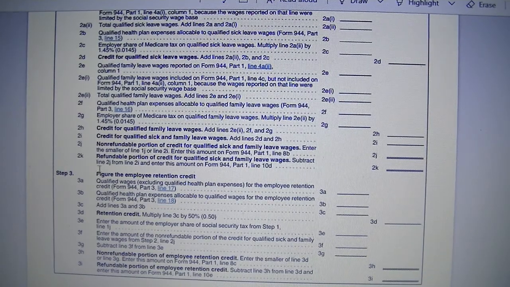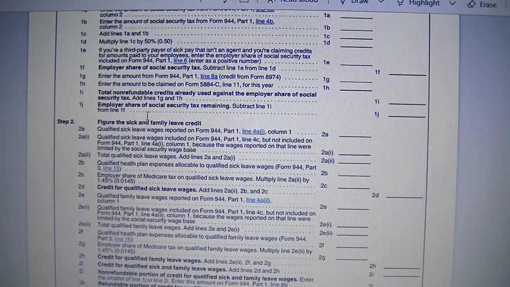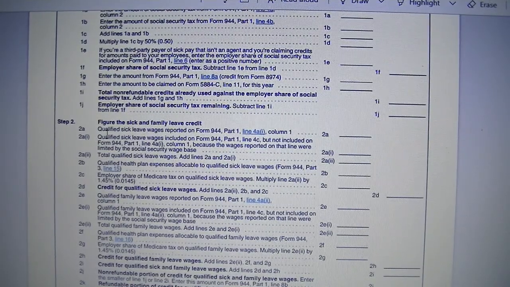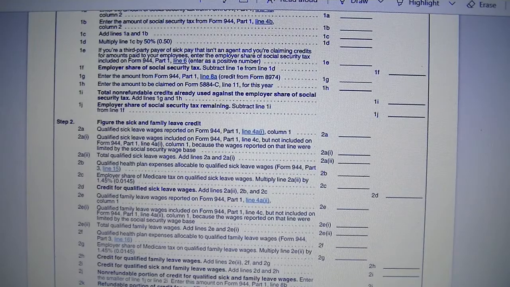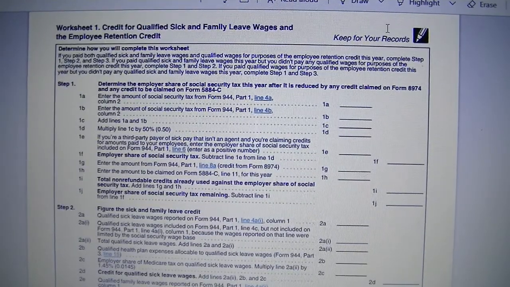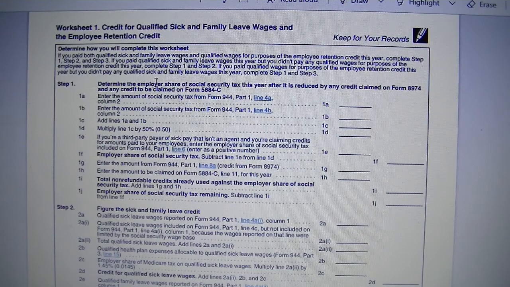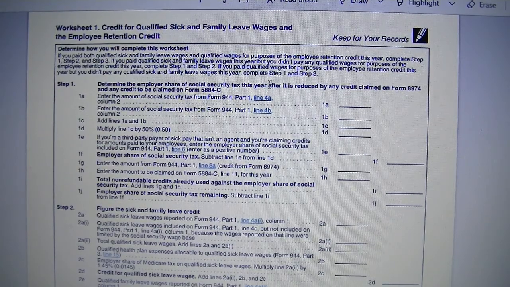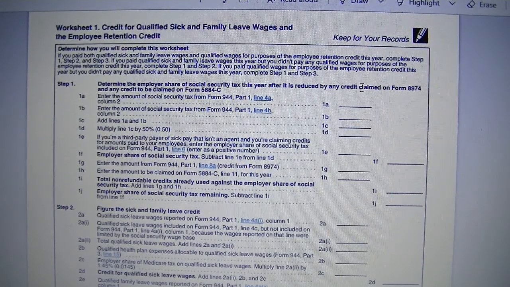And you have employee retention credit section here on step 3, and family leave credit on step 2. And to determine the employer's share of Social Security tax this year after it is reduced by any credit claimed on Form 8974 and any credit to be claimed on Form 5884-C in step 1.